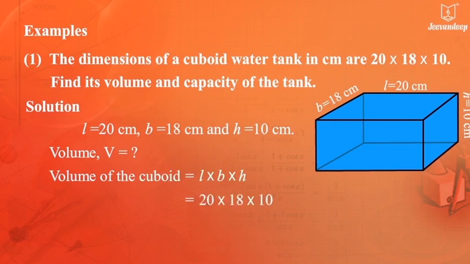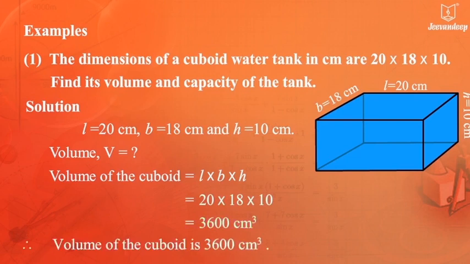Putting the values, we get 20 multiplied by 18 multiplied by 10 equals 3600 centimeter cube. Therefore, volume of the cuboid is 3600 centimeter cube.